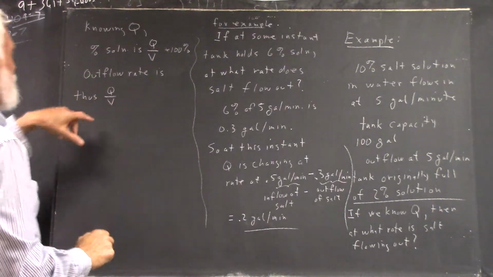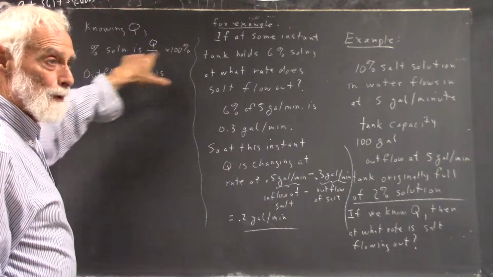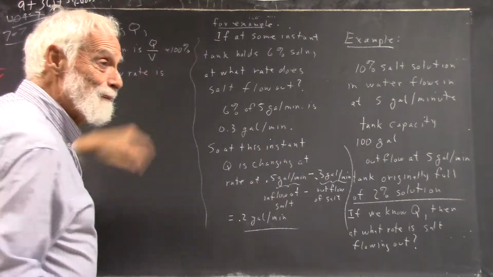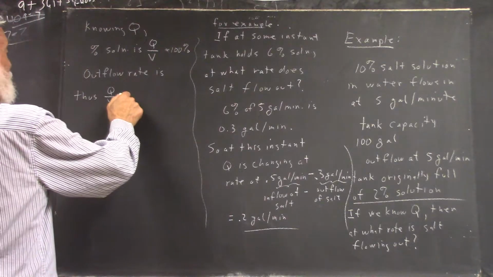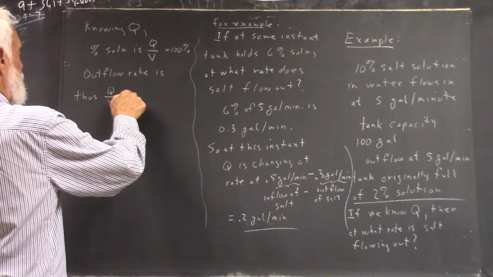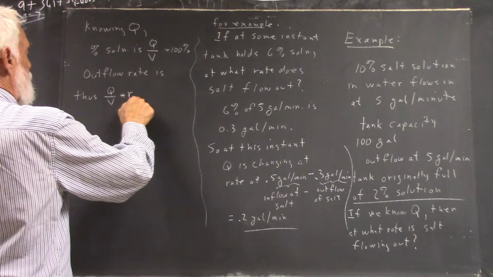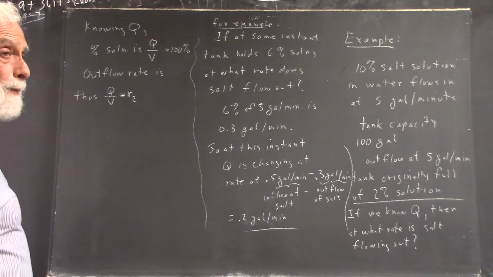And of course, to change the percent to a decimal, you just don't do that, so you just have Q over V. Well, that's Q over V times R2.